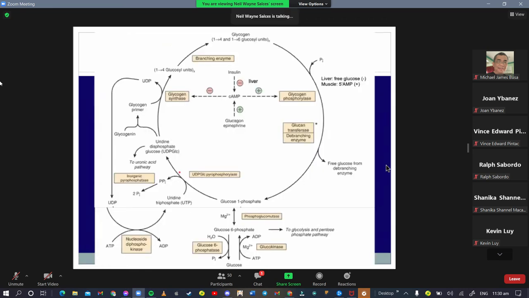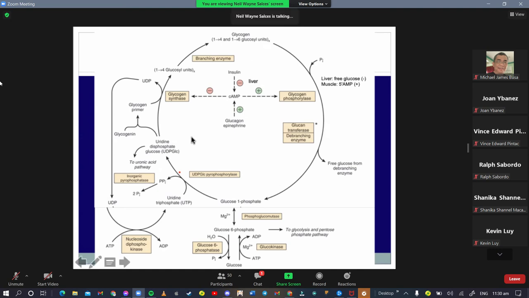Here, can anyone explain to us the regulation by the different hormones that was mentioned earlier in the glycogen metabolism? Just focus on the regulation.